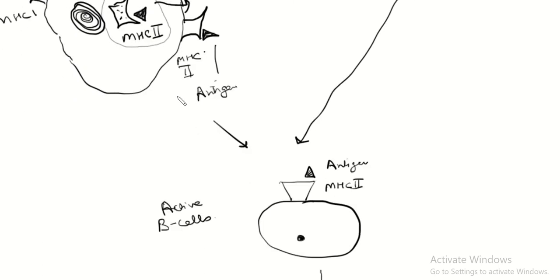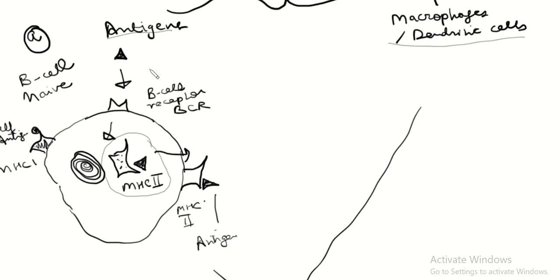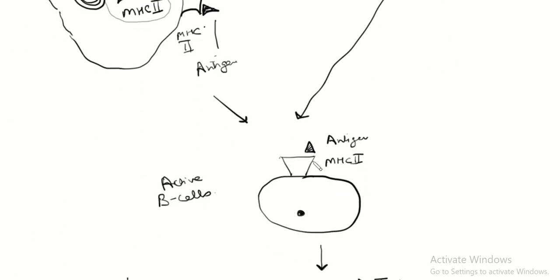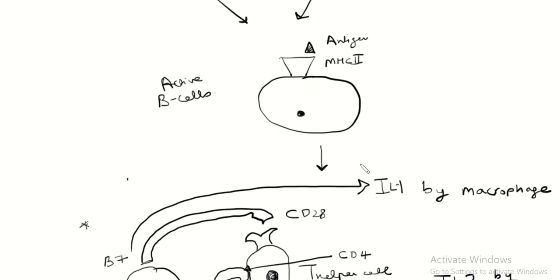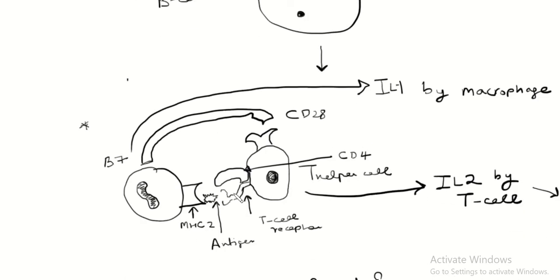So regardless of whether it's a B cell or an antigen presenting cell, at one point in time, both of them are doing the same thing, which is presenting antigen on an MHC2. Now, who do they present this to? That's where the fun begins. So let's start on that now.